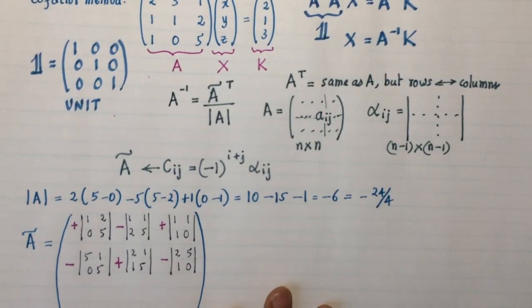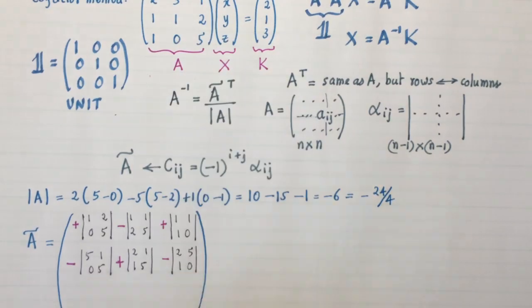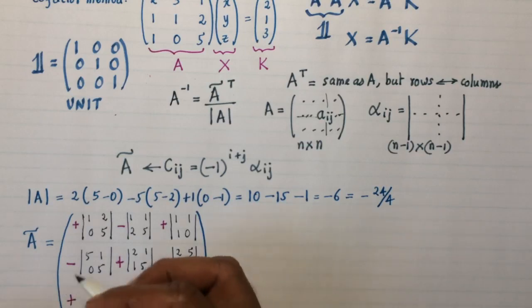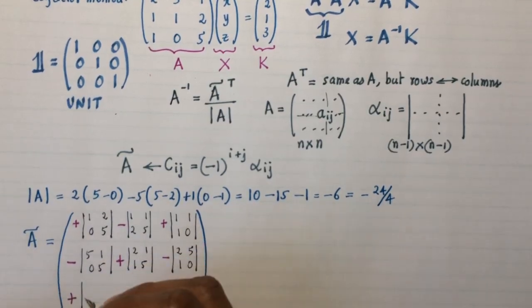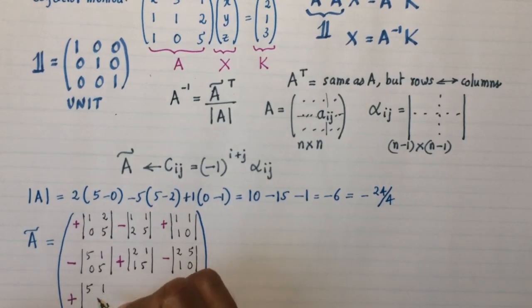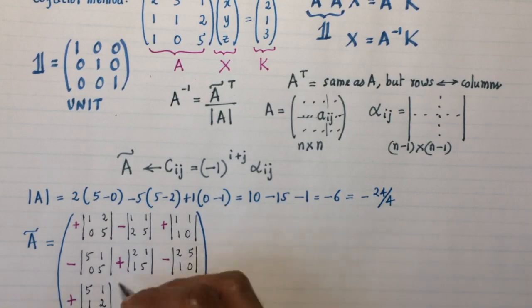Last row, 1 gets 5112. There's a plus sign because it's the third row and the first column, so 3 plus 1 is 4, and minus 1 to the power 4 is plus 1. That's a minus.